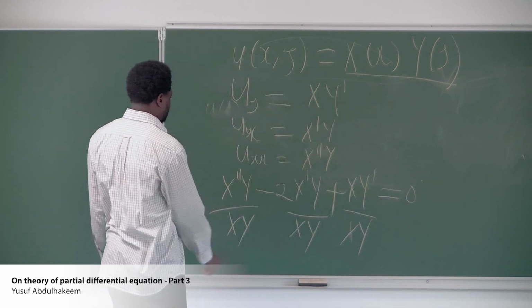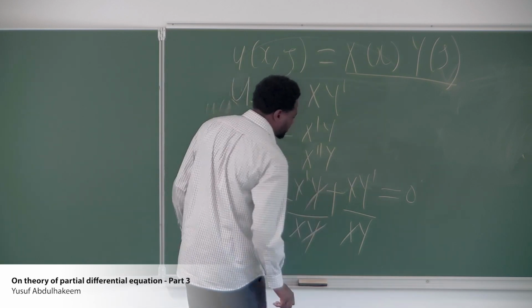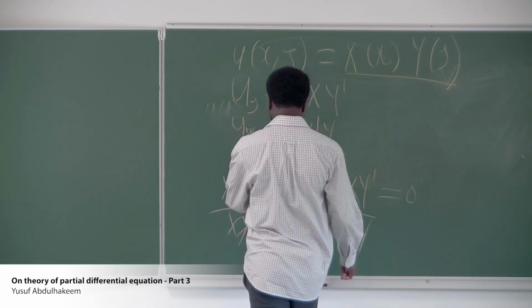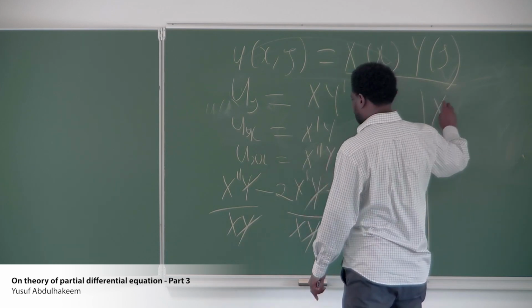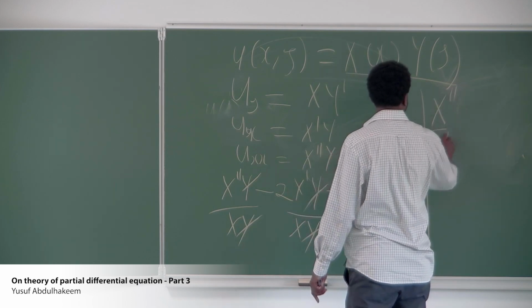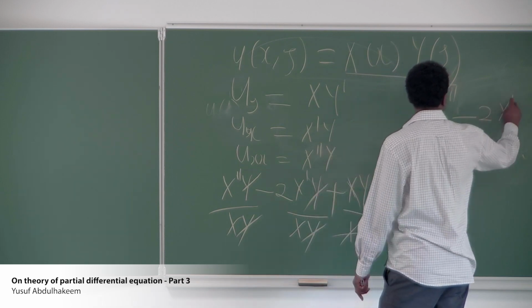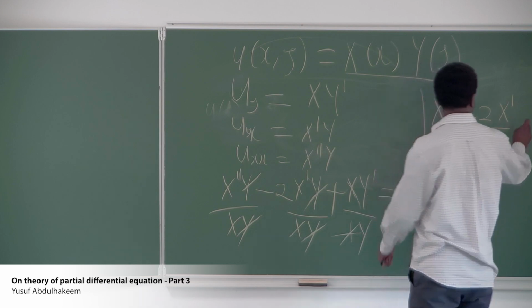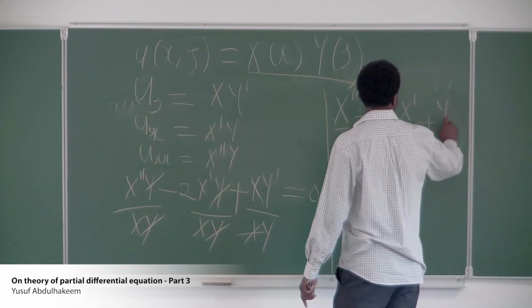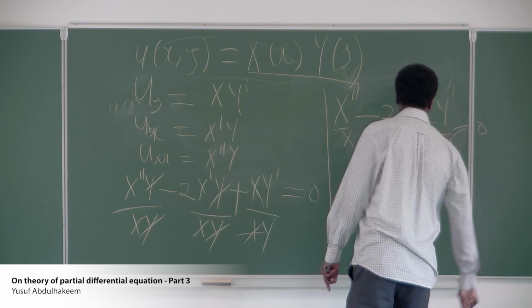By the time we do this, we will see that this will cancel with this, this will cancel with this, and this will cancel with this. Then this differential equation will reduce to X double prime over X minus 2X prime over X plus Y prime over Y, and everything here is equal to 0.